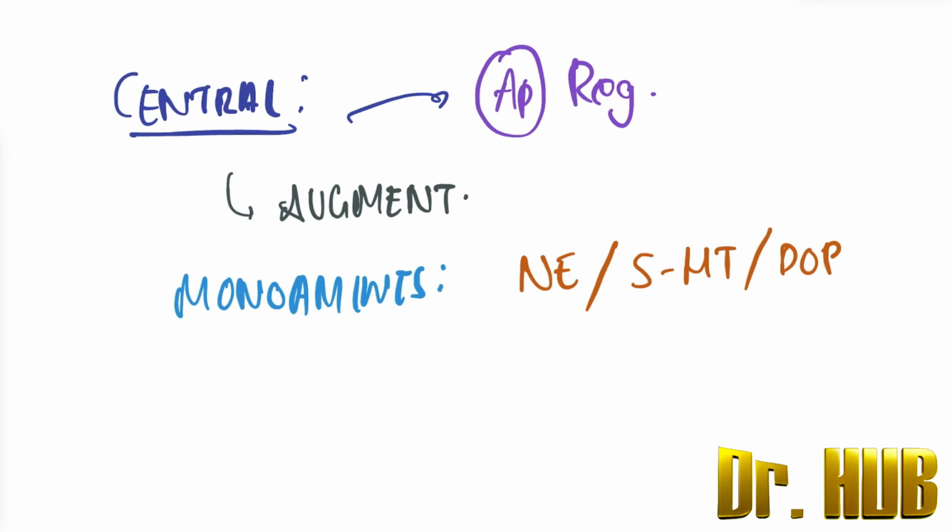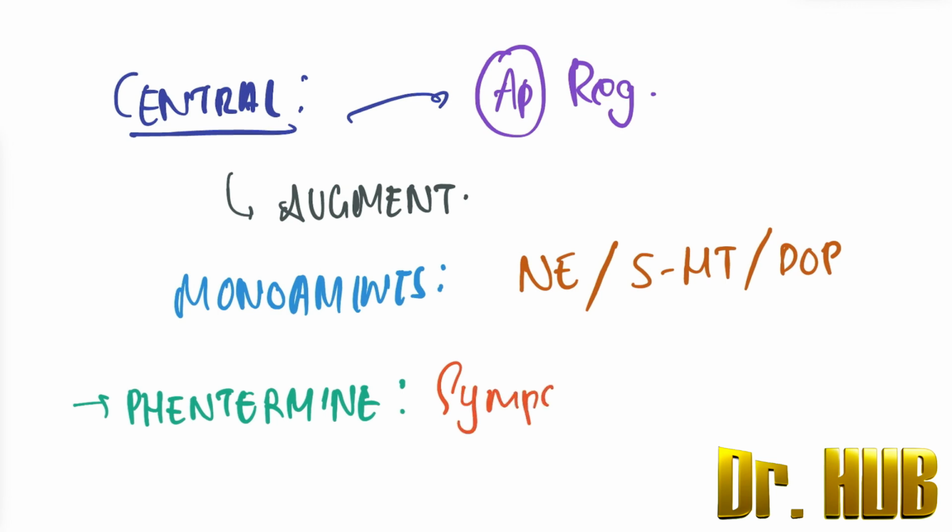Then we need to know about phentermine. Phentermine is a sympathomimetic, and it is usually used in combination with topiramate.